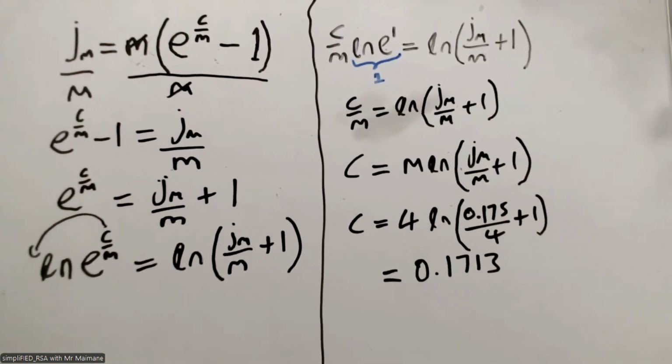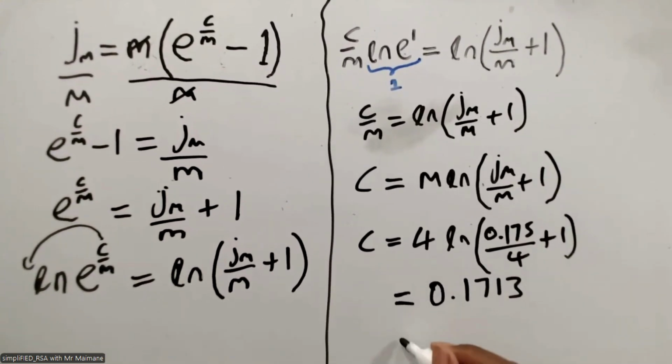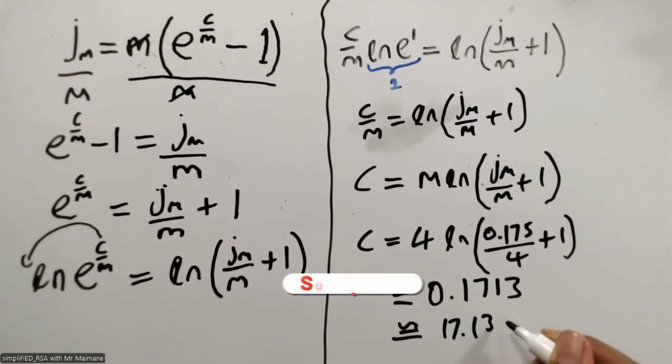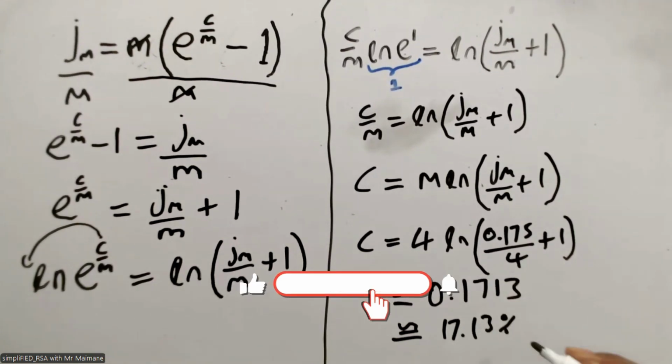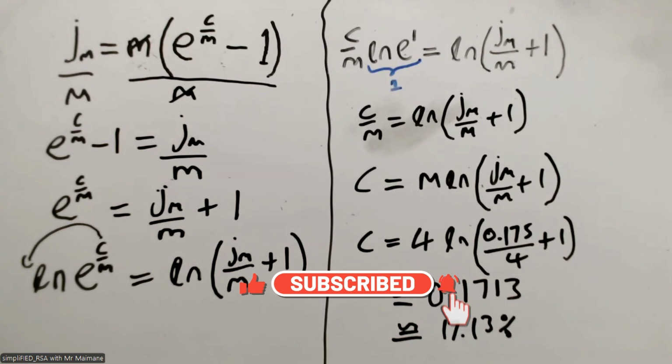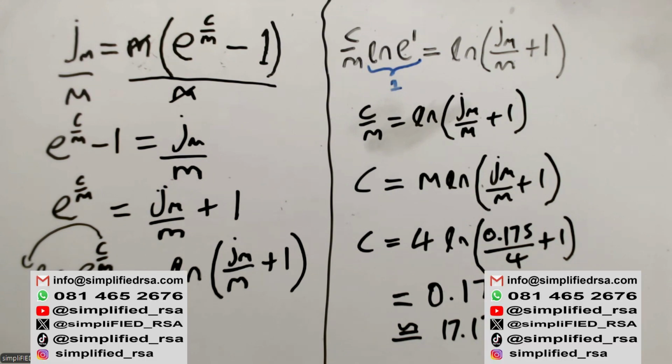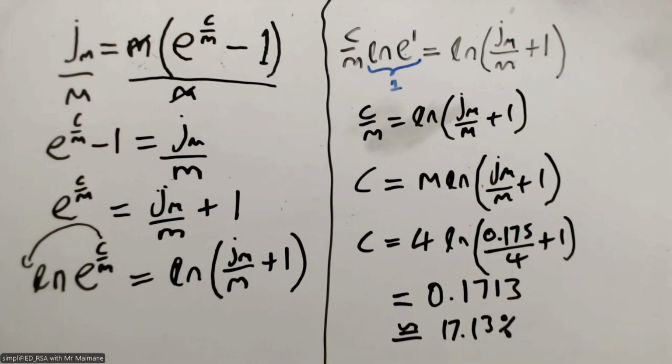If I multiply it by 100 again to take it to percentages, it is approximately 17.13%. So this means that the equivalent continuous compounding rate for 17.5% compounded quarterly is 17.13%.